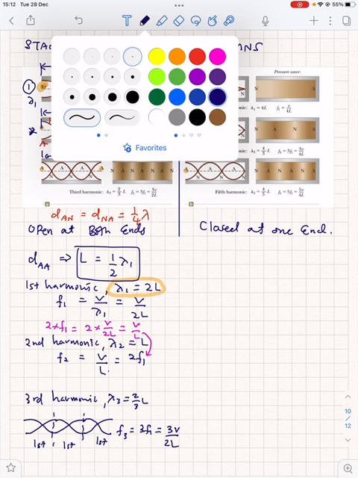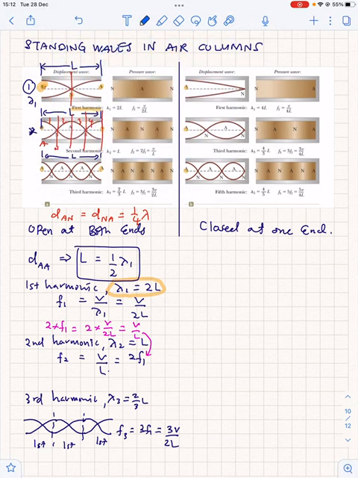Let's take a look at another case, which is closed at one end. If we are going to find the second harmonic, the third harmonic for closed at one end, we can use this method also, by drawing the shape of the fundamental.